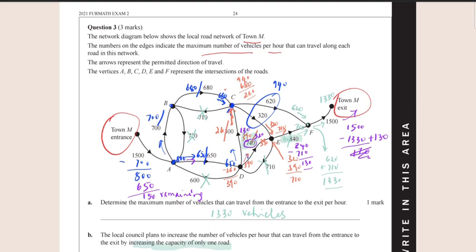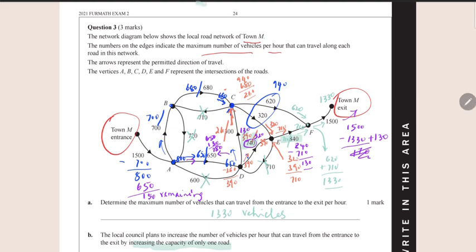If that was to be the case, that implies that this edge, if it had been 650 plus 130, 780, then we could have accommodated another 130 more, which would have maximized the flow of vehicles from entrance to exit.